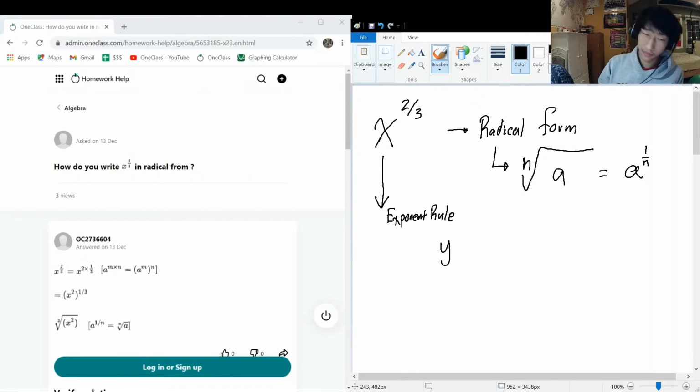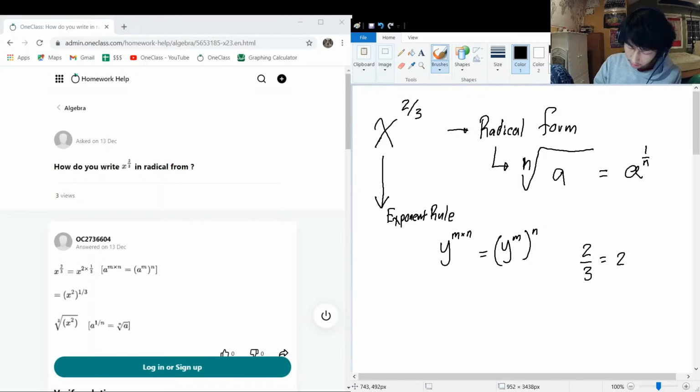So use your creativity if you'd like. Let's say we have y to the m times n. Another way that we can write this is y to the m, all to the n.